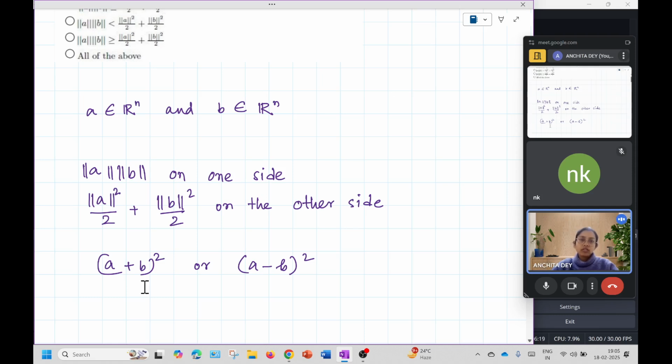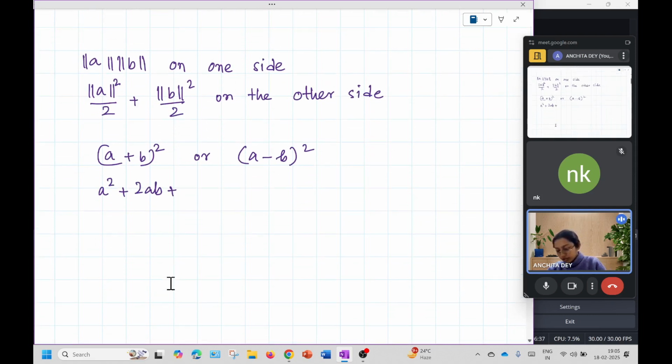If you move any of this to the other side, you end up with something of a different sign, so you would have a square plus b square on one side and minus 2ab on the other. On the other hand, if I expand a minus b whole square, I will have a square plus b square on one side and 2ab on the other side. So basically, a minus b whole square is more relevant to the options that were given to us.